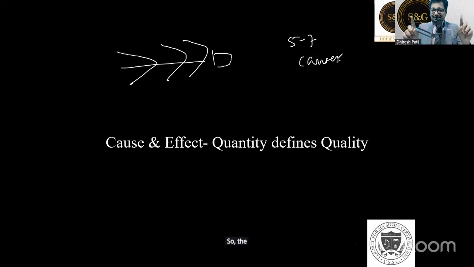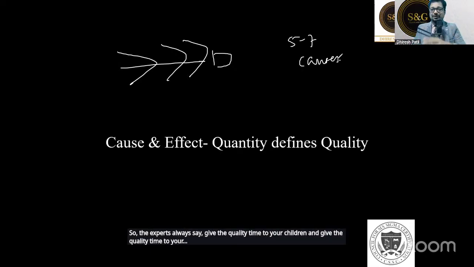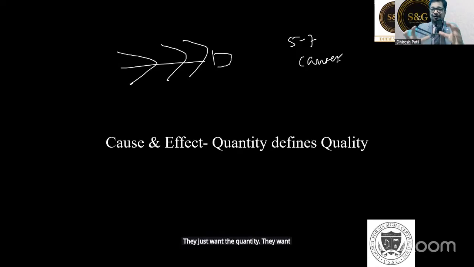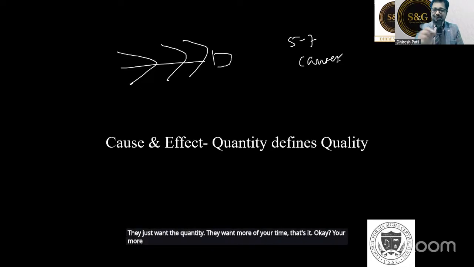So the experts always say, give the quality time to your children, give quality time to your parents. I say the opposite, give the quantity. They just want the quantity. They want more of your time. That's it. Your more presence is what they're expecting. Anyway, coming back to this, quantity defines quality in this case.